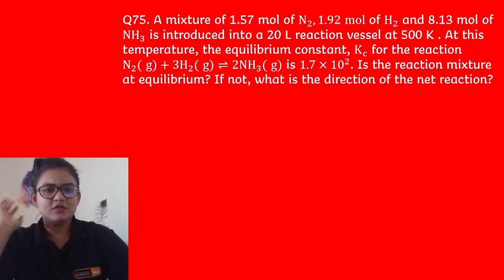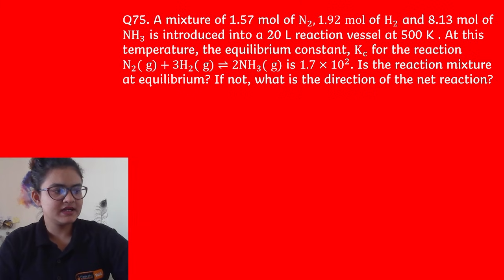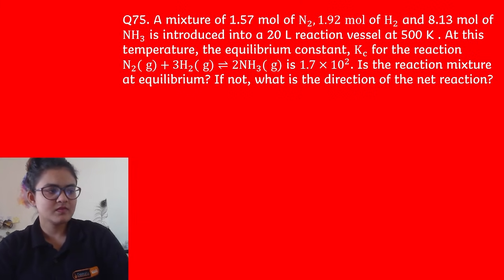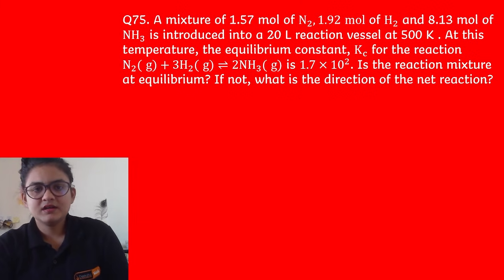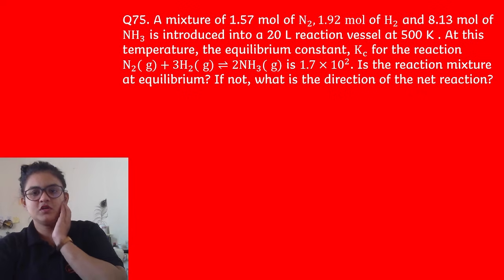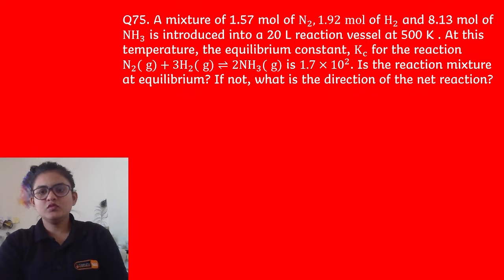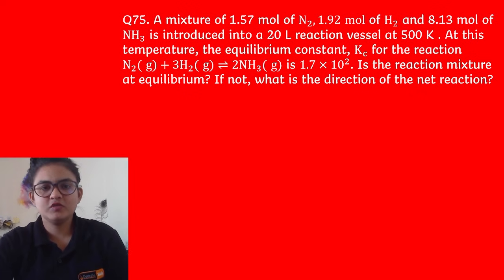Here one problem comes. A mixture of 1.57 mole of N2, 1.92 mole of H2 and 8.13 mole of NH3 is introduced into a 20 liter reaction vessel at 500 Kelvin. At this temperature, the equilibrium constant Kc for the reaction is given.